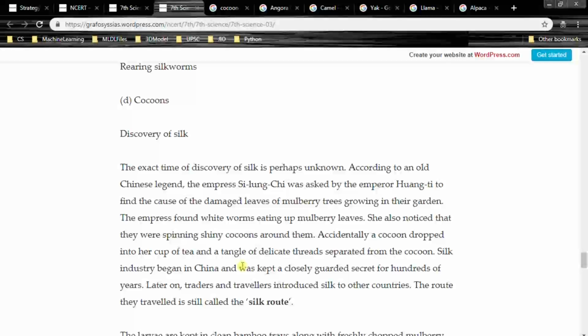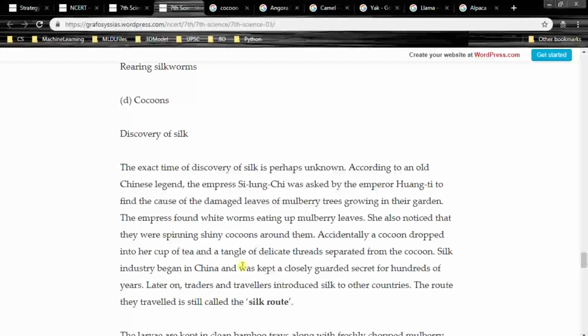So there was an empress named Si Lung-chi. She was asked by Emperor Huang-ti about the damaging leaves of mulberry trees. These mulberry tree leaves are used even now for feeding larvae of this silkworm, right?